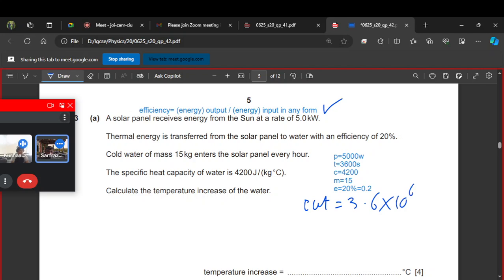It's 3.6 times 10 to the 6. Okay, this is output. Then what is input energy? Input energy is 18 million. So it's the other way around. Our total energy is 18 million, but thermal energy itself is just 3.6 million.